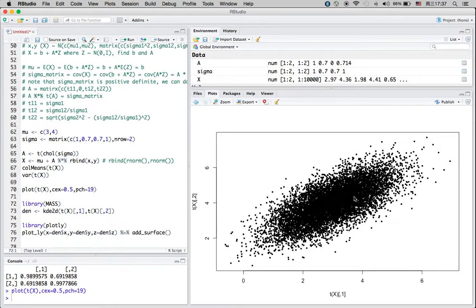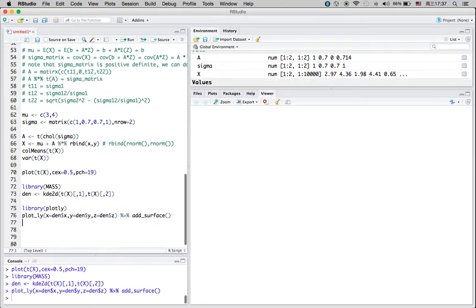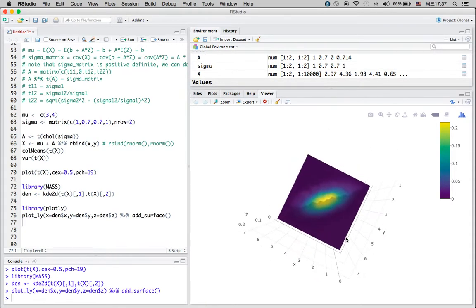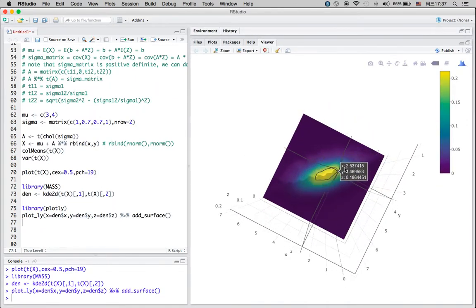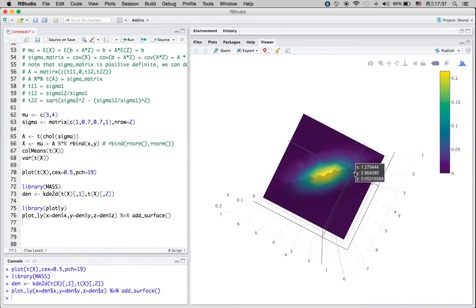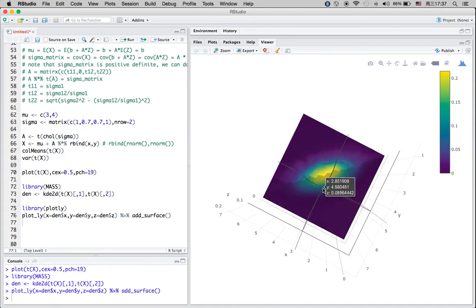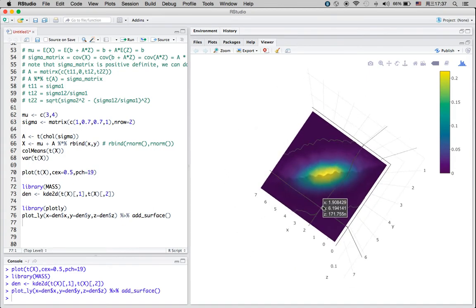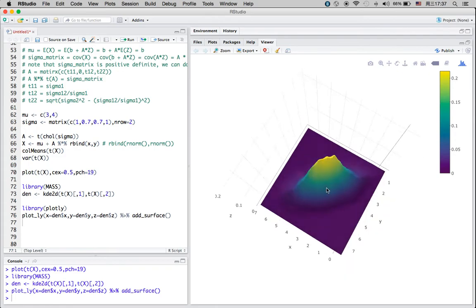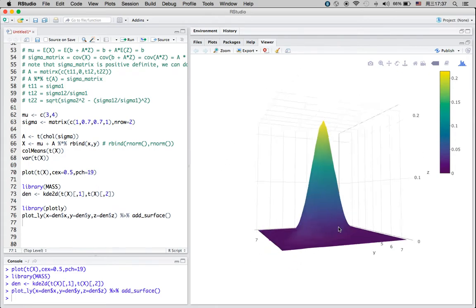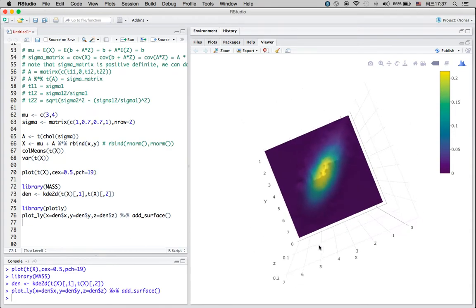This is our 10,000 random samples from this target distribution. As you can see, there's an angle here, or a spreading along this diagonal. That means x and y are not independent, unlike the perfect circle.